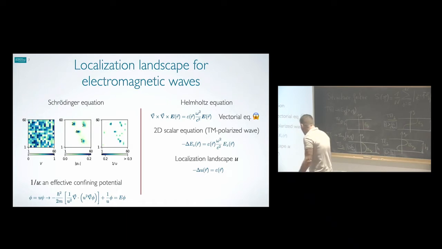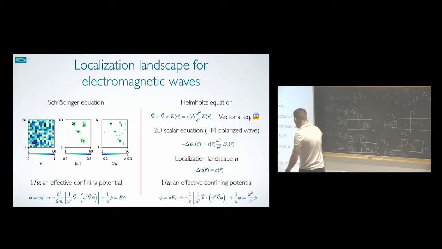And in this case, when you define the localization landscape in this way, 1 over u, if you use this change of variable, you end up with an equation which is strictly equivalent to the one obtained in the Schrödinger's case. So once again, you have 1 over u, it's an effective confining potential, and that's the end of the story. Thank you for your attention.